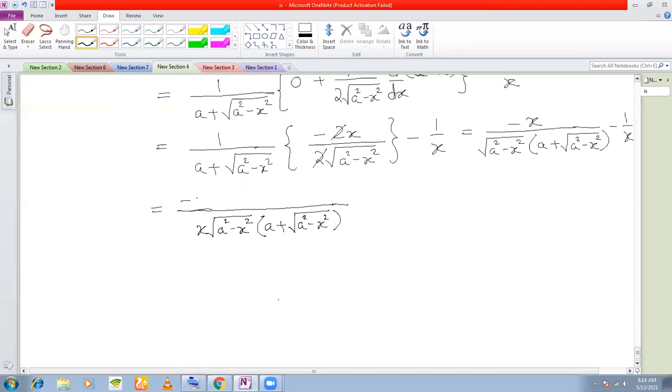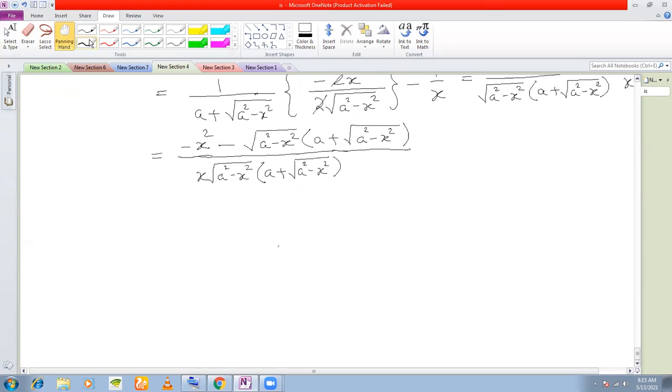In the numerator, you get minus x square, right? Yes, sir. And in the denominator, what you get here is root over of a square minus x square into a plus root over a square minus x square, isn't it? Just check whether you are getting this or not. Yes, sir. That is. So minus x square.